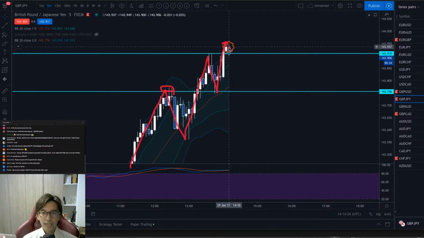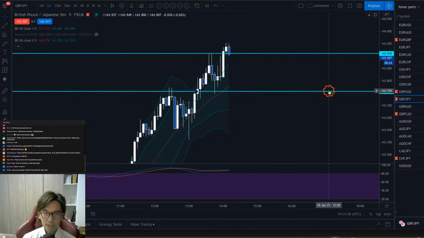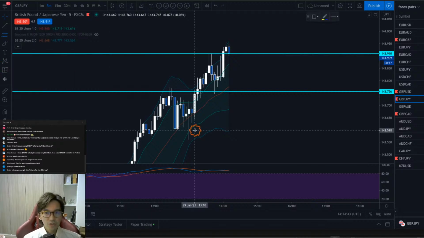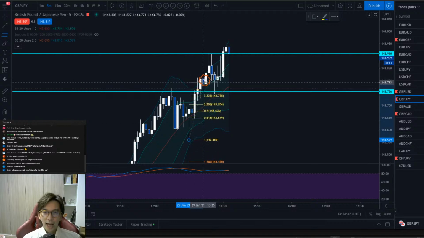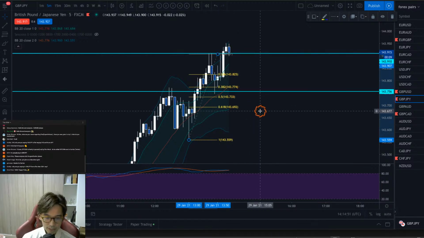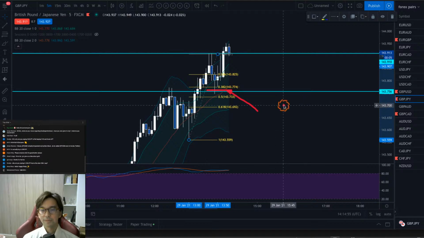So now there's a retest happening, and if this is supported by this previous high, then we can expect the market to go up continuously this way. So I think this is a good chance. And I would also look at the Fibonacci retracement. I take the previous low and the swing high, and I can see that this is the support at the 38.2% level.